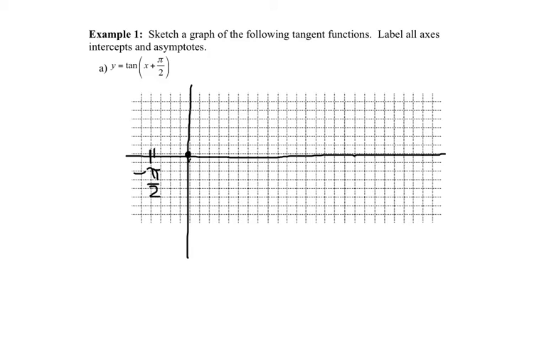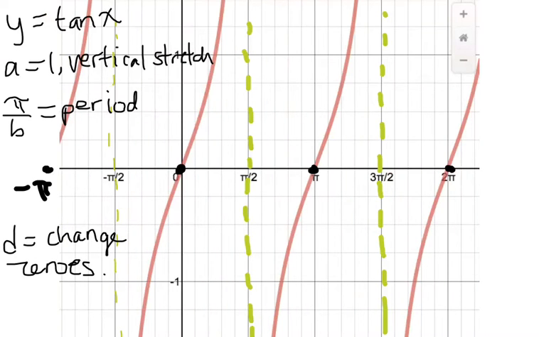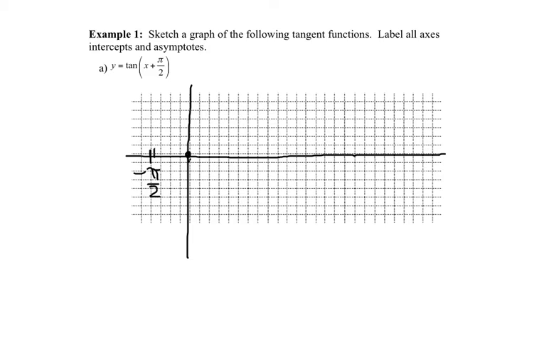Okay, so if we think about the original graph, my original graph goes through the point 0, and now we're shifting everything to the left pi over 2. So all of this is going to come left pi over 2. So now that's going to be our 0.